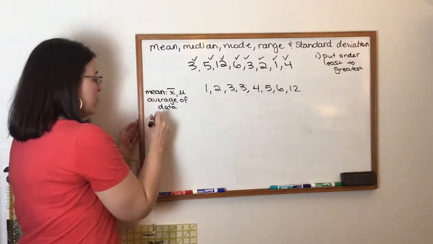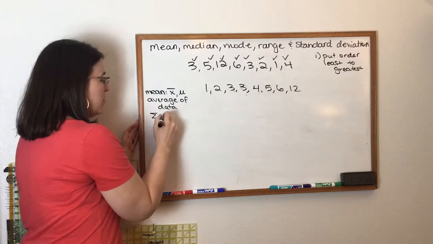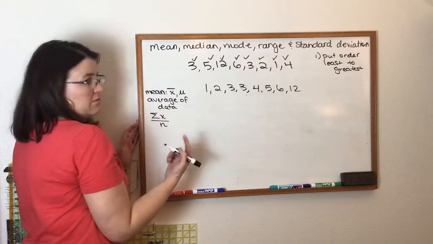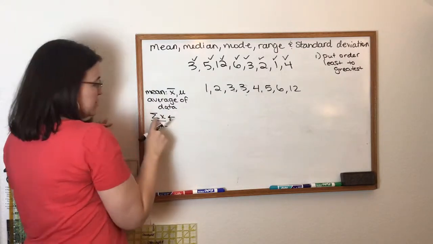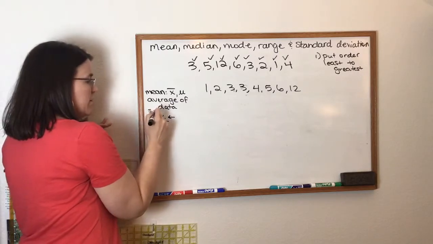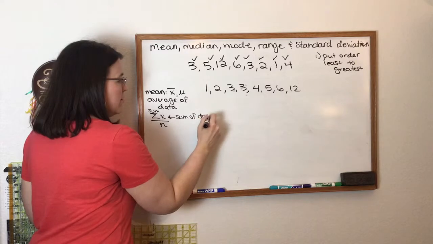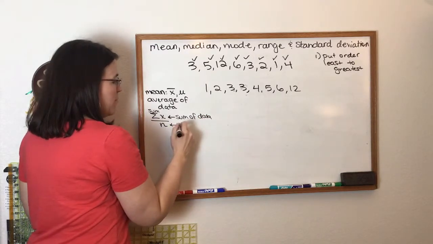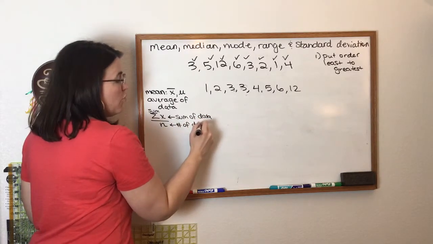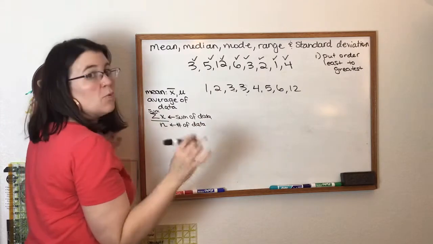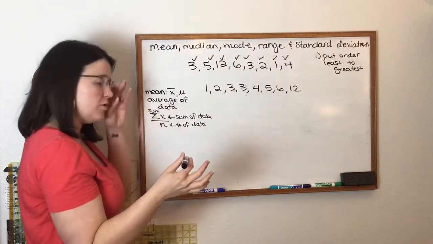You add together all of the data and you divide it by the size of the data. So this little symbol here means sum. So here you would take the sum of the data and then divide by the number of data points or data pieces. Depending on what kind of class you're taking, they might use different words for that.